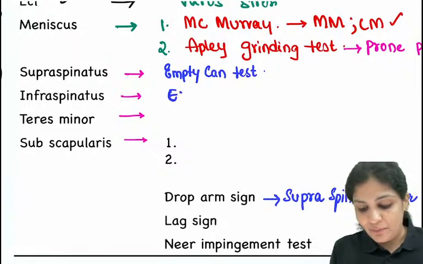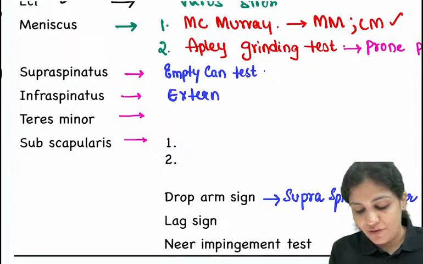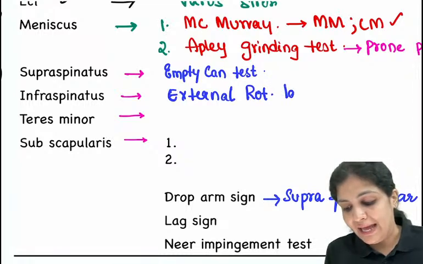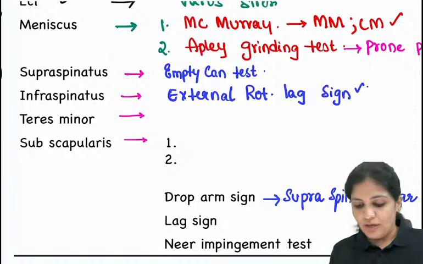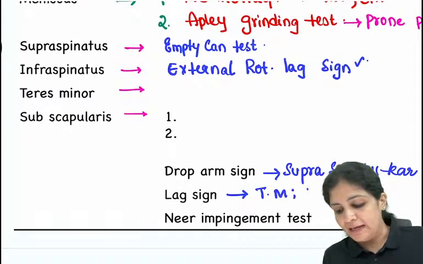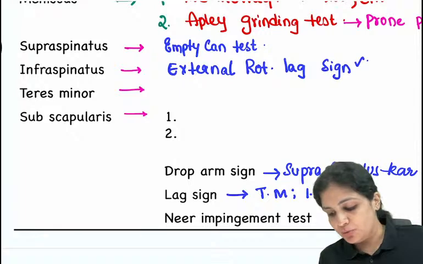And whenever there is a tear in the infraspinatus, there will be external rotation lag. This is called the lag sign. So the lag sign is seen in both teres minor and infraspinatus injury, right?